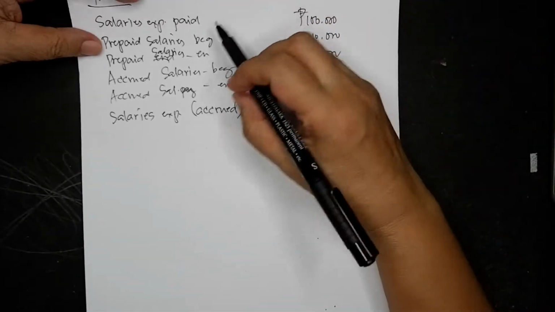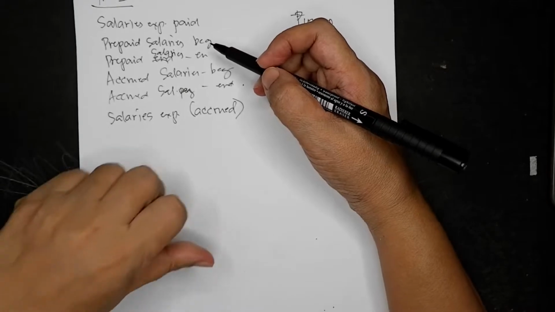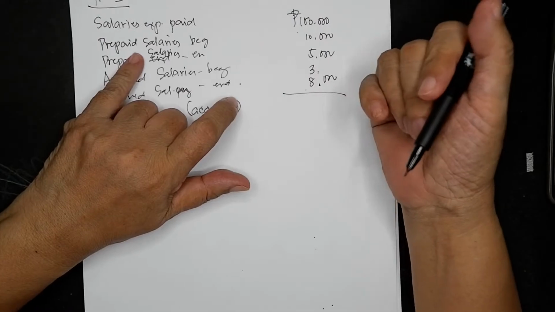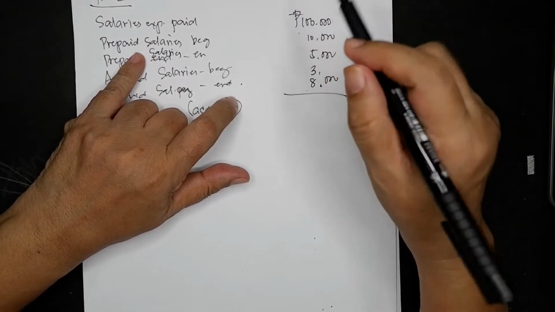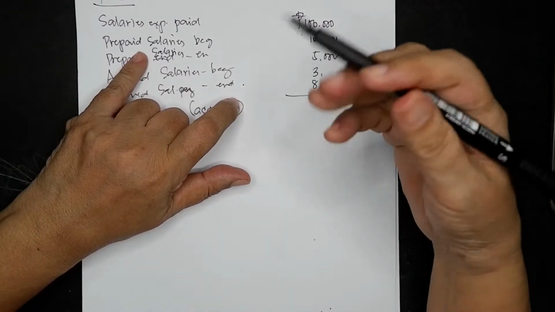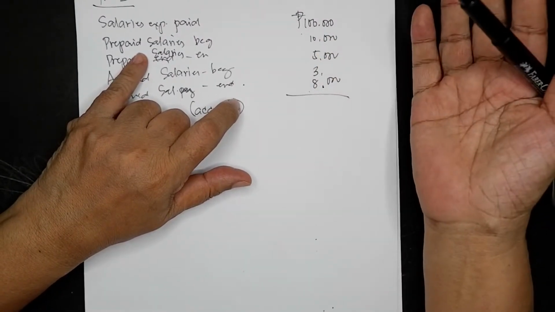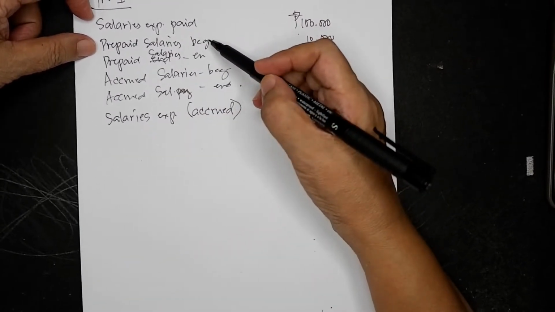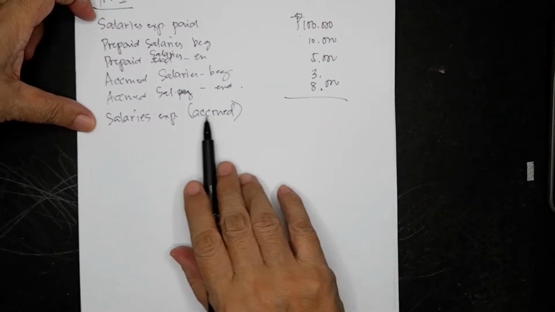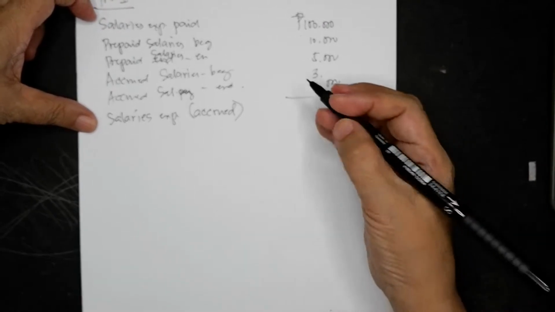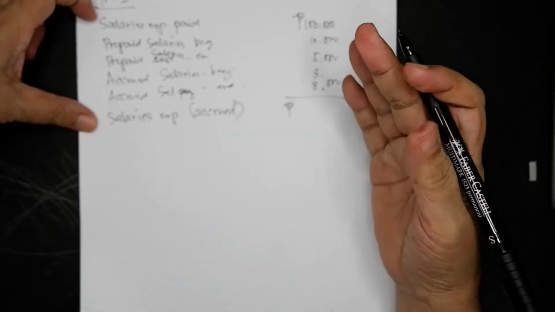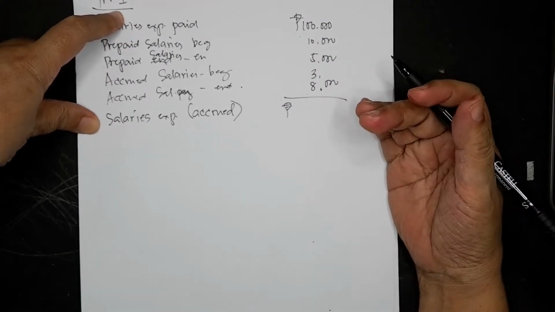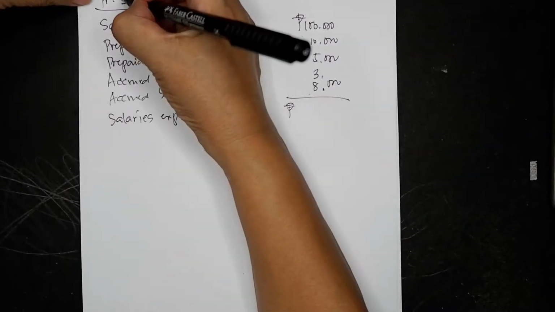Okay. Salaries, first let us define prepaid expense. What is prepaid expense? An expense already paid but not yet incurred or used. So, nabayaran na natin pero hindi pa nagagamit. Okay. Prepaid salaries beginning. Ang kailangan natin ay salaries expense. Ibig sabihin, ito yung nagamit ngayon, nangyari ngayong taon. Let us make it year 2 na lang.